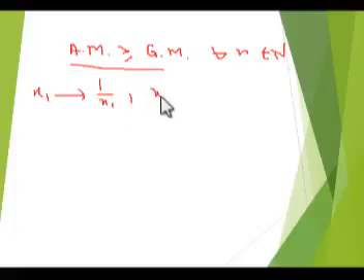Now, if we take, in this relation, for the positive quantities, x1 we will put 1 by x1, the reciprocal of the quantity x1; for x2 we will replace the reciprocal of the quantity x2, 1 by x2; and in this way for xn we will replace 1 by xn. What will be the result in this relation?